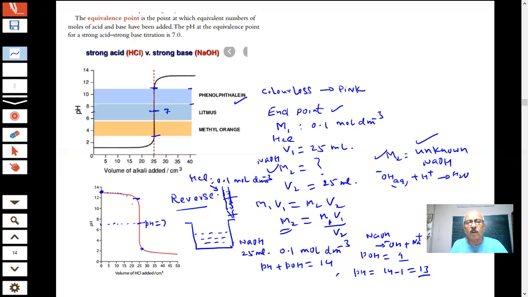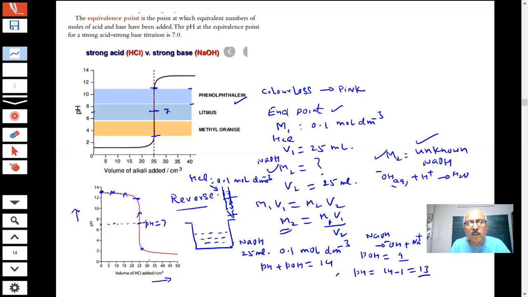Do you know how we got this? On one axis, we plot pH. On the second axis, we plot the volume of HCl added. We have a pH meter to record. So we will get some points, 10 milliliter, 15, 24, 25 milliliter. Then just one drop makes such a big change, then like this.